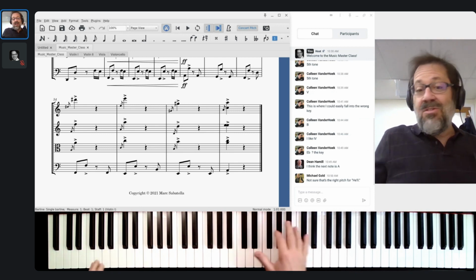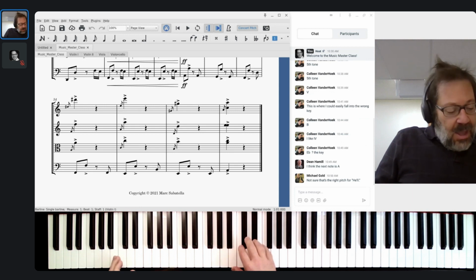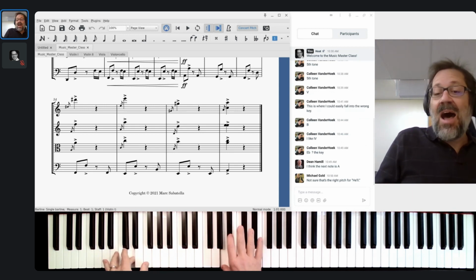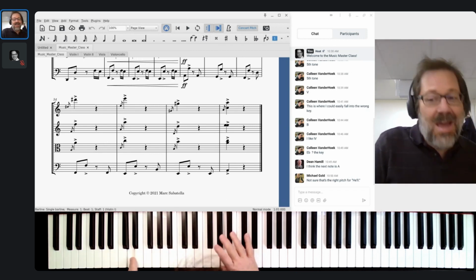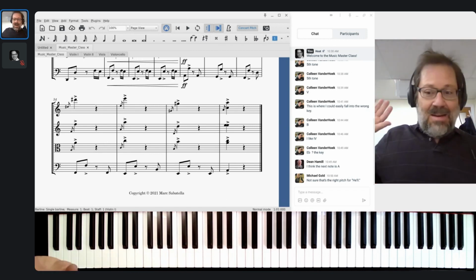This tritone leap is like no other tritone leap in the world. It's a tritone leap from scale degree 3 of one key to scale degree 5 of a totally different key. There is not a way to compartmentalize that in my brain.